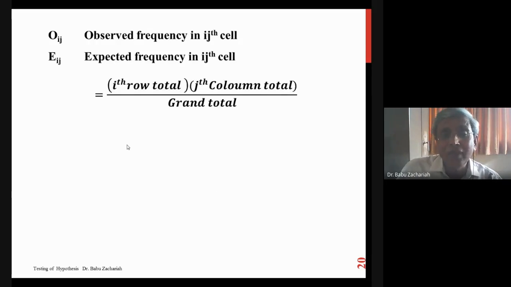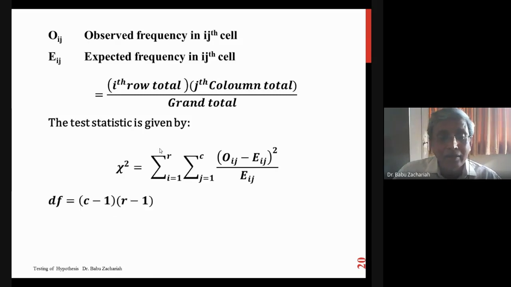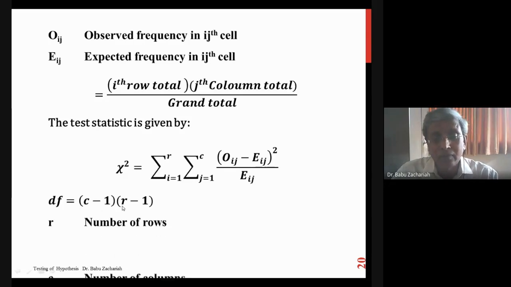That formula is: ith row total times jth column total divided by grand total. With this, we get a similar table. After that, this formula is used to calculate the chi-square, and the degrees of freedom is by this formula: C for the number of columns, R for the number of rows.